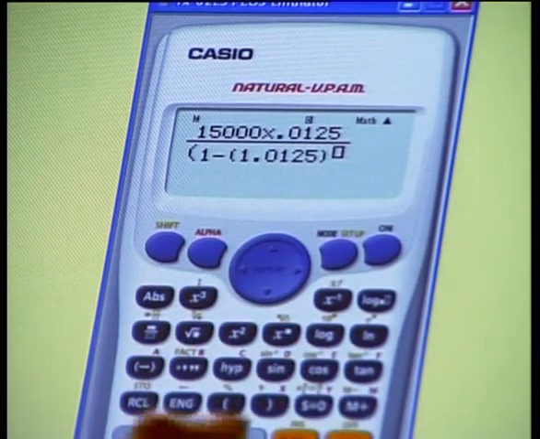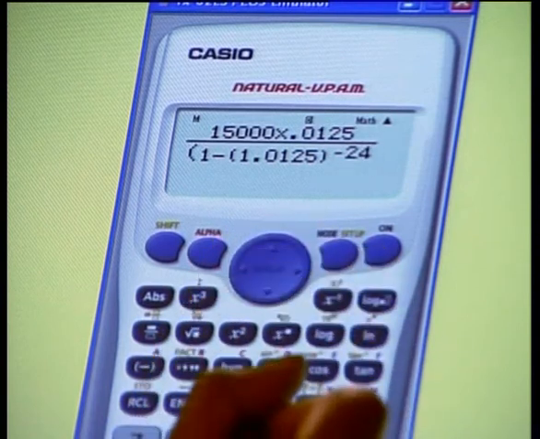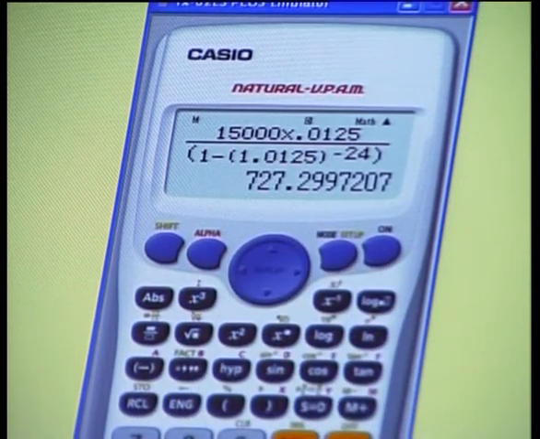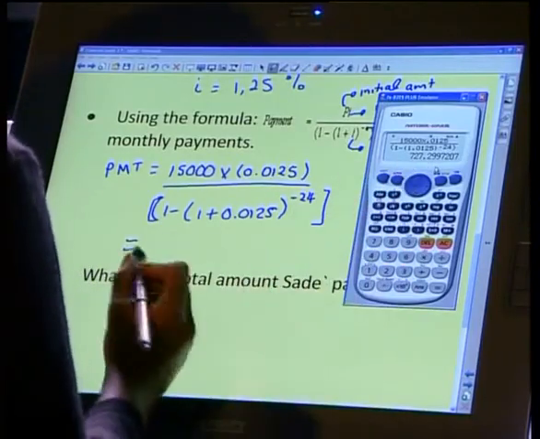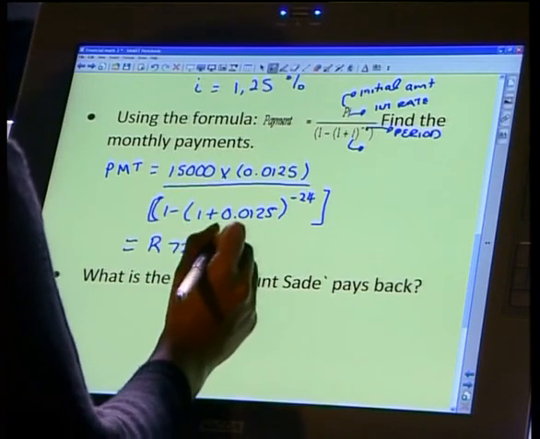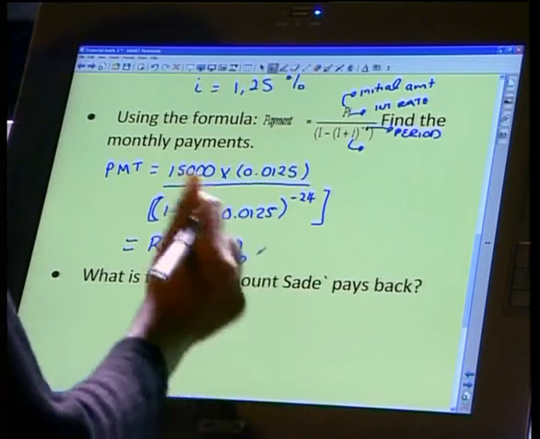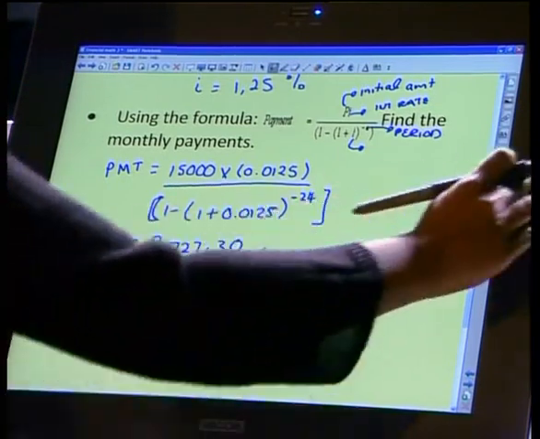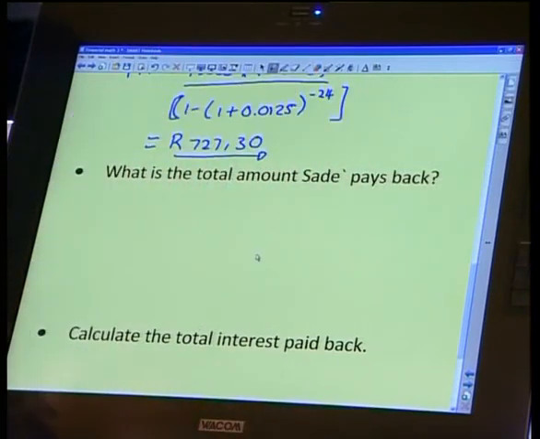We're just going to raise that bracket to the power of minus 24. And we get an answer of 727 Rand and 30 cents to the nearest cent. So it's 727.30. Okay, and this is how much she is going to have to pay every month in order to settle her debt of 15,000 Rand for the next 2 years.